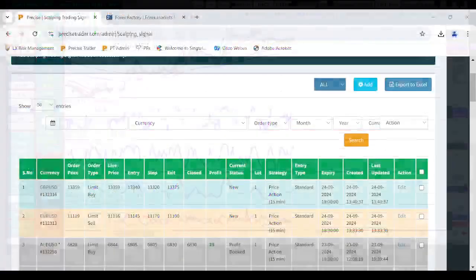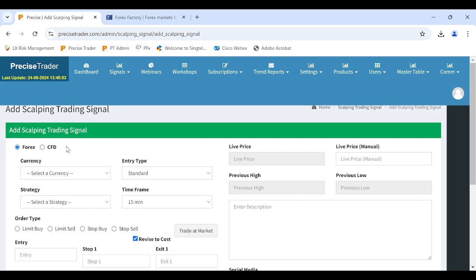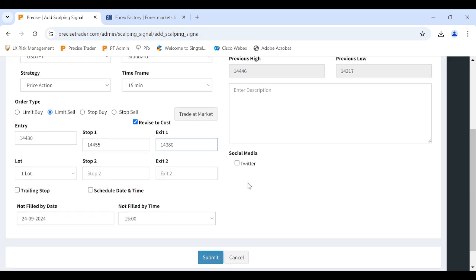Based on this we can give a call on dollar yen, which is selling here at 144.30, and 144.55 is the stop, and 143.80 is your TP, and the expiry we want to put in is until 5 o'clock.